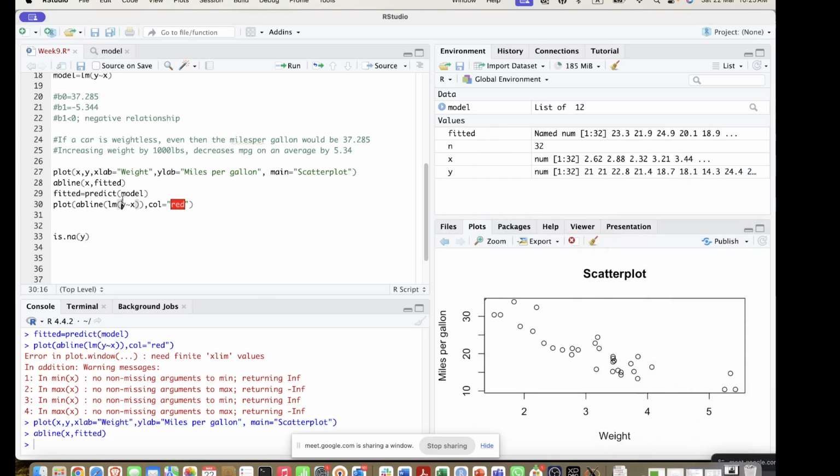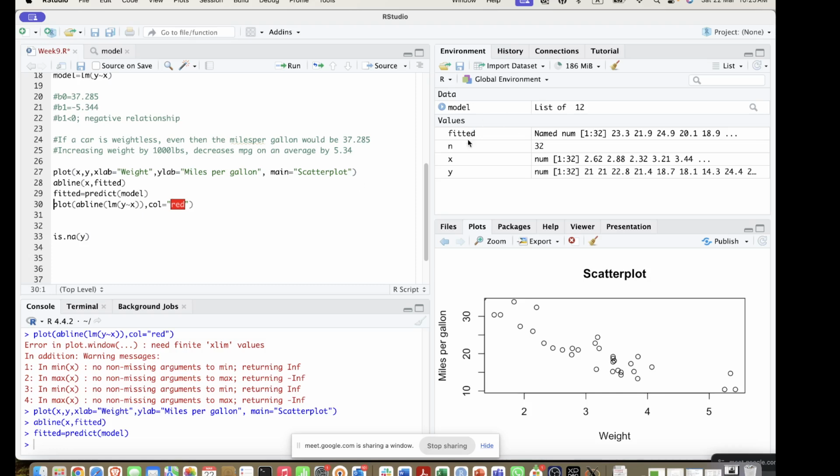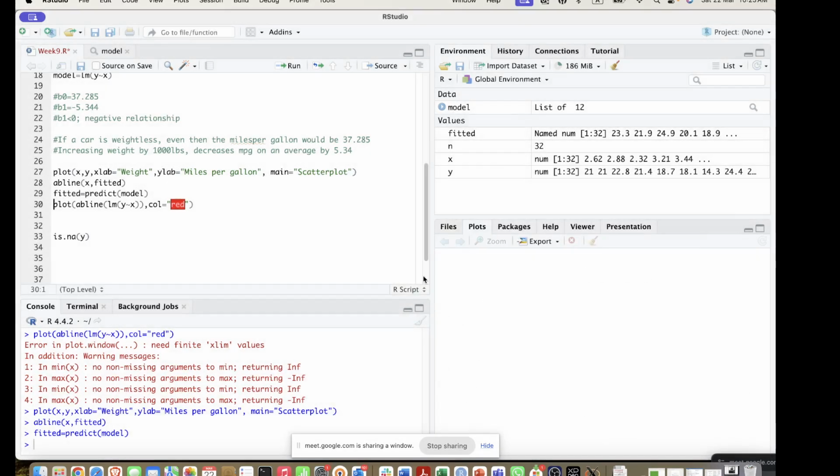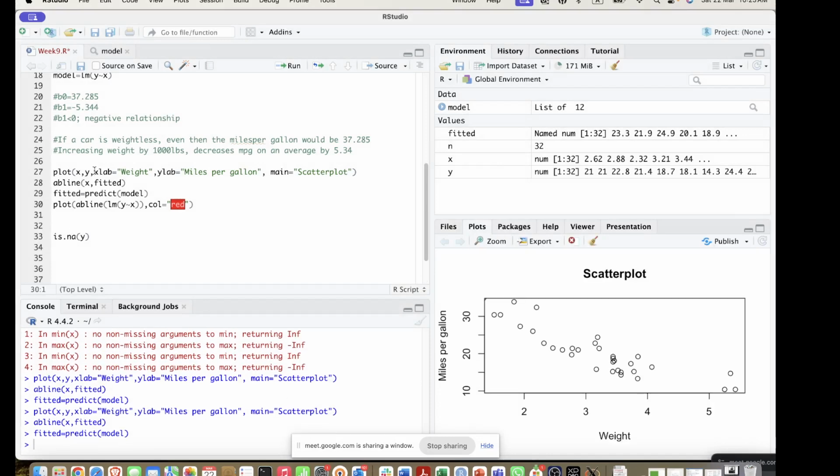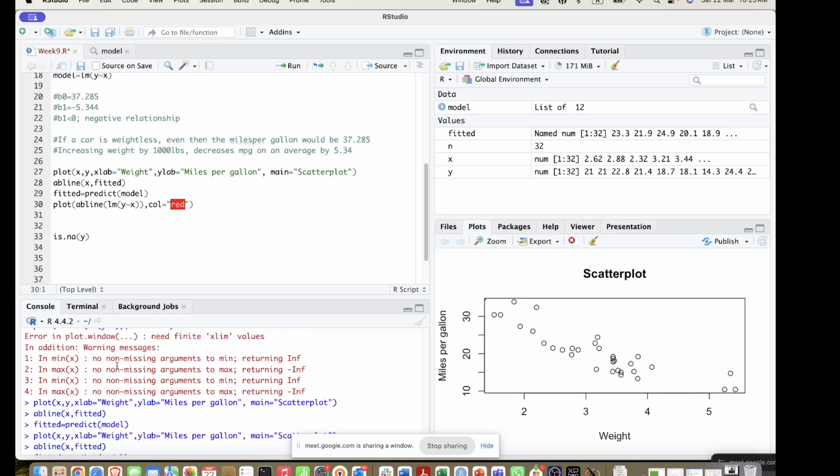Okay, so this fitted is actually giving me the fitted line, and I don't know why I'm not getting this, what the error is. No non-missing arguments to mean.